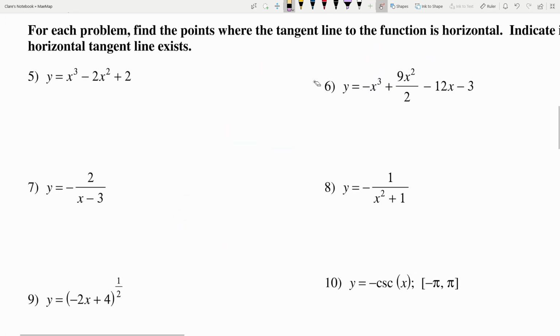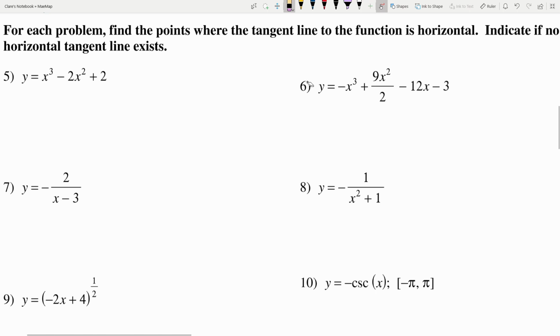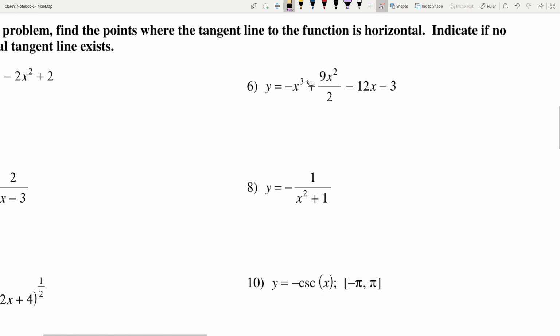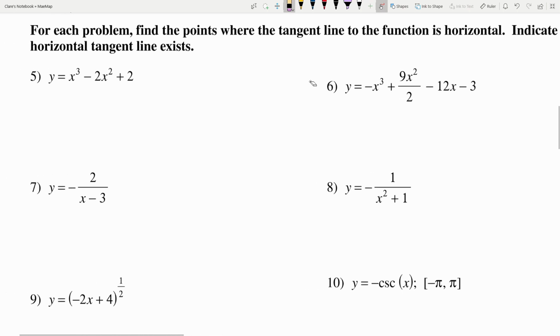Our next set of directions say for each problem, find the points where the tangent line to the function is horizontal. Indicate if no horizontal tangent lines exist. When would no horizontal tangent lines exist? Well, to have a horizontal tangent line, the slope is 0, so the derivative equals 0. So not having a horizontal tangent line means that the derivative will never equal 0.